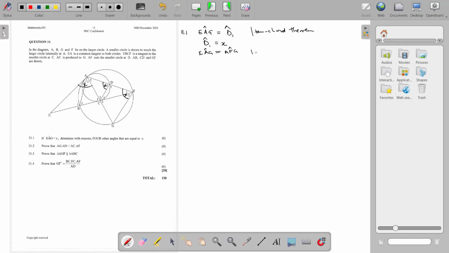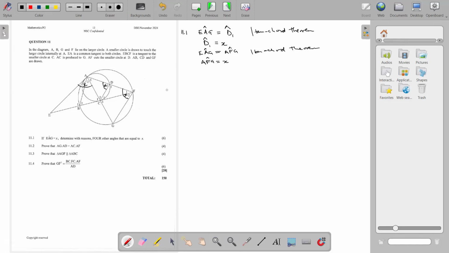The reason is tan chord theorem, but in this case, we are concentrating on the bigger circle. So this EAG will be equal to, if we check, the chord AG is subtending that angle AFG. Therefore, we can conclude that the angle AFG is equal to X, because EAG, you are told, is equal to X.